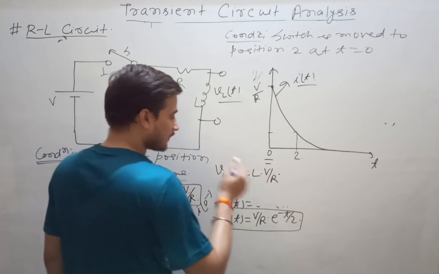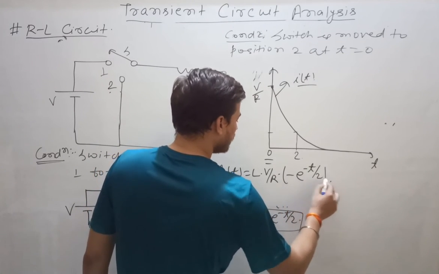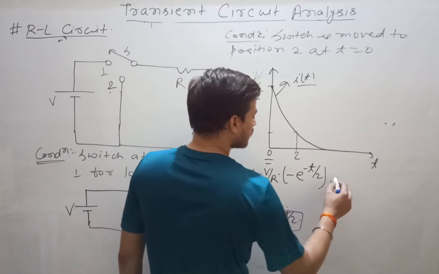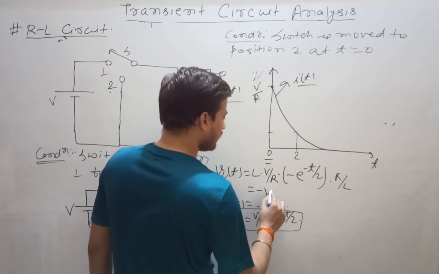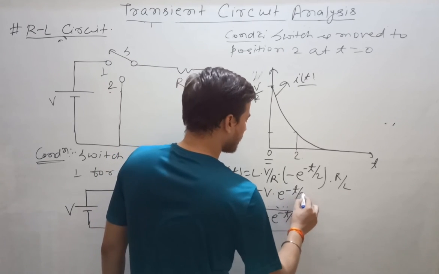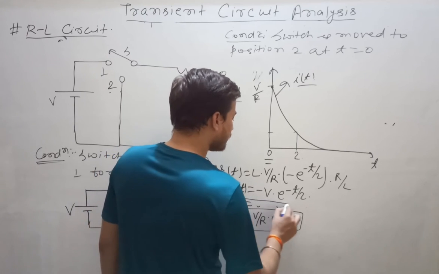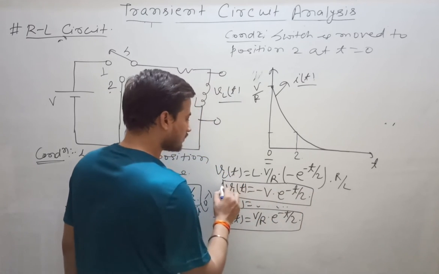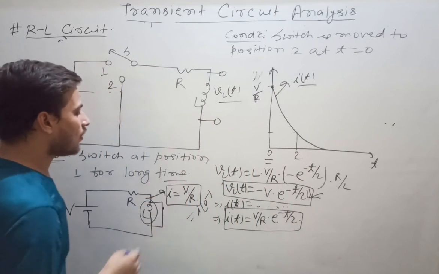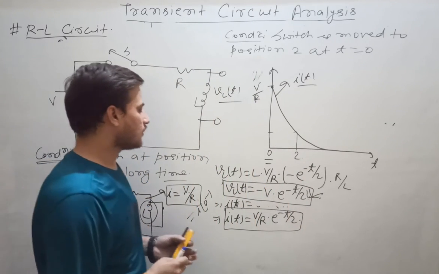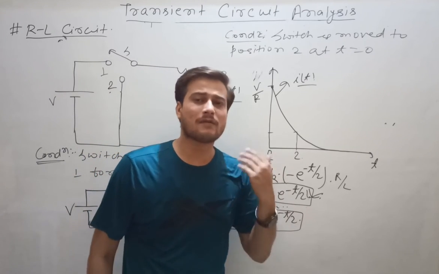Its differentiation will be minus e to the power minus t by tau into 1 by tau. 1 by tau means R by L. So here it is VLT equal to minus V into e to the power minus t by tau. Very important point. That's why I was writing all these things.